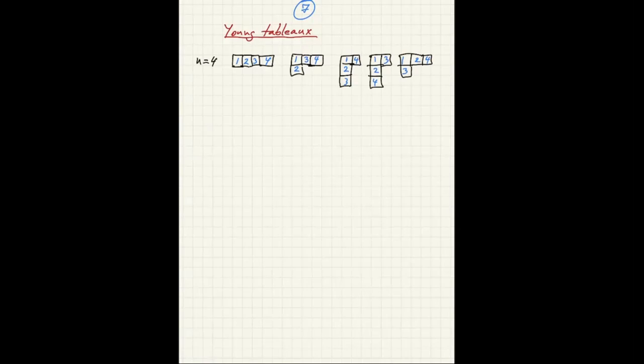Here, let's say 1, 2, 4, and a 3. And there is a reason why I write them in this way. I'll mention it after I'm done. So there are 5 more. This one is 1, 3, 4, and 2. Then we have this one here, which is 1, 2, 3, and 4.